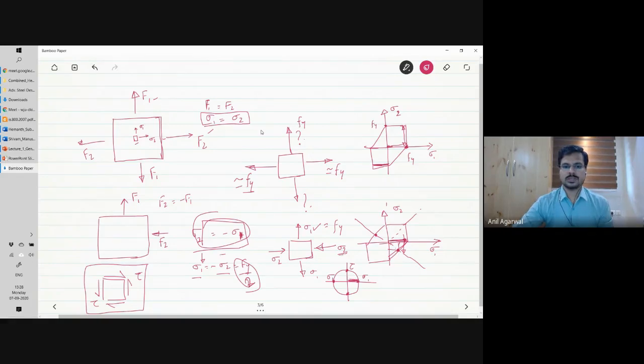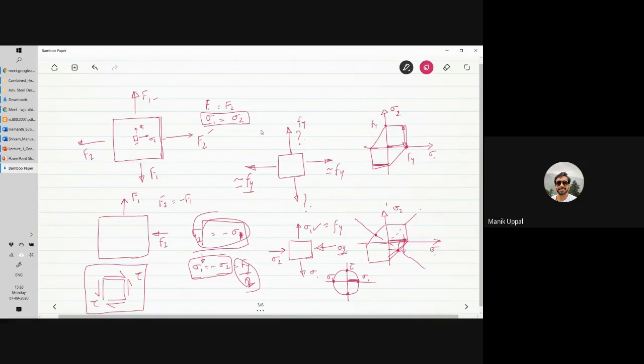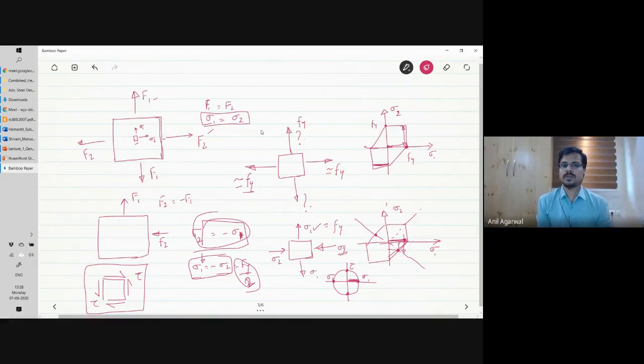Then you look at the condition sigma 1 equal to minus sigma 2, and at what value of sigma 1 minus sigma 2 it yields. At what value of tau will it yield? Fy by 2, yes, 125. So if 250 was the yield strength, then it will yield at a tau value of 125.